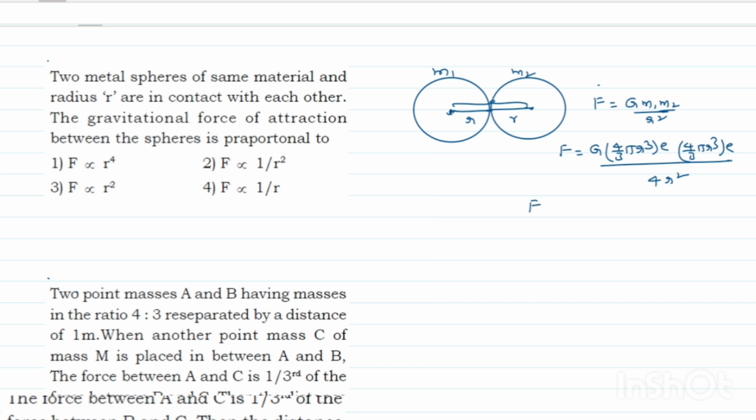Relating R, F is directly proportional to R power 6 in the numerator and R power 2 in the denominator, with the factor of 4. Then F is directly proportional to R power 4. F is directly proportional to R power 4.